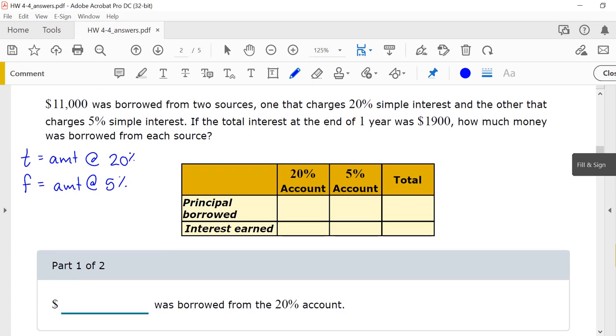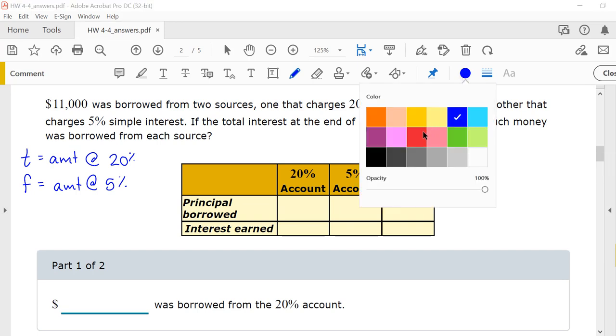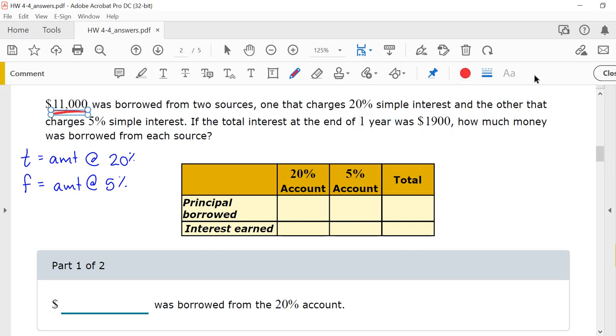All right, let's see. $11,000 was borrowed from two sources. $11,000 borrowed. So my T plus F has to equal 11,000.